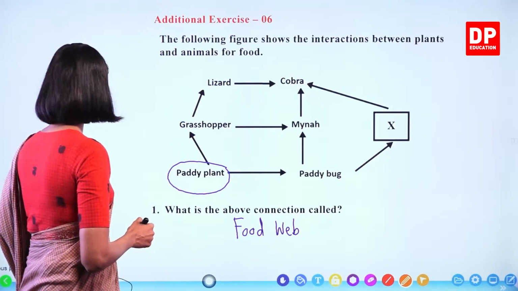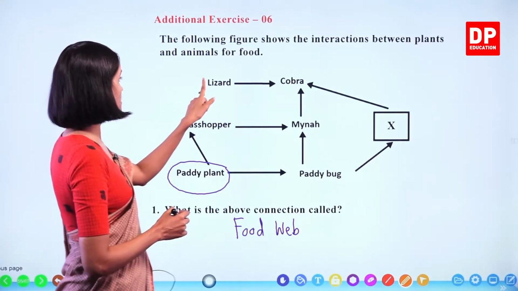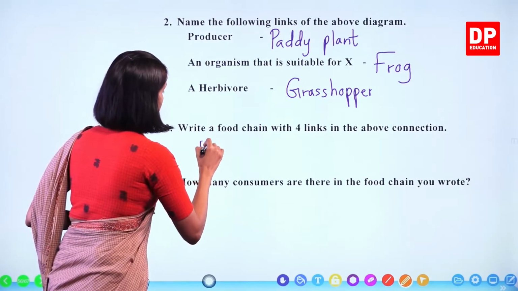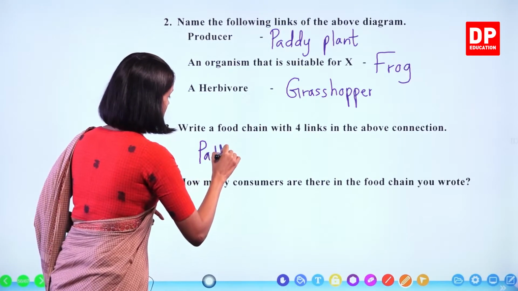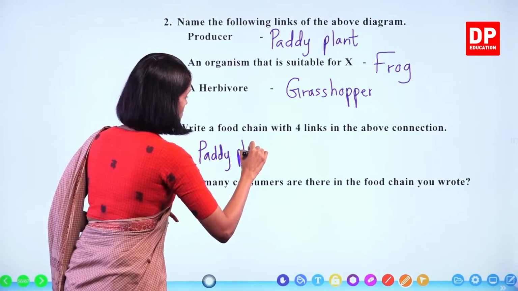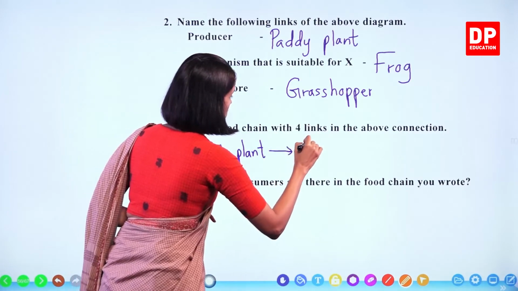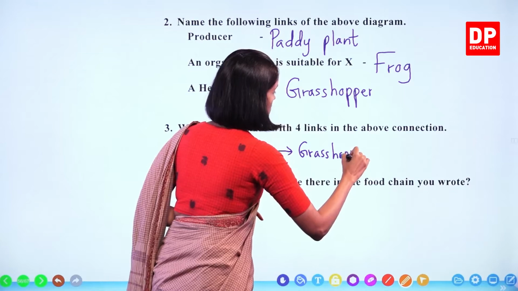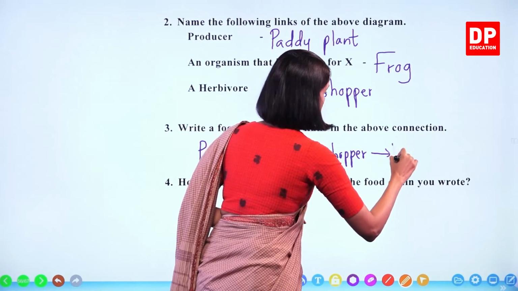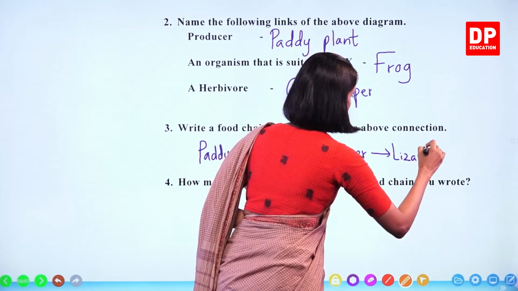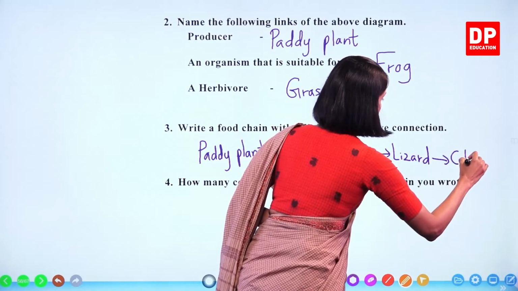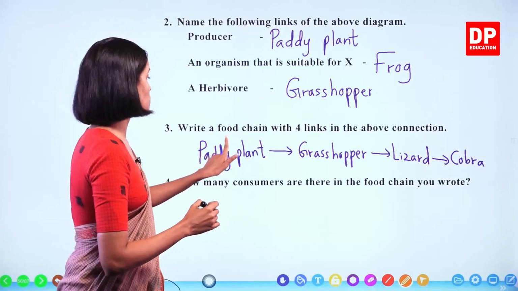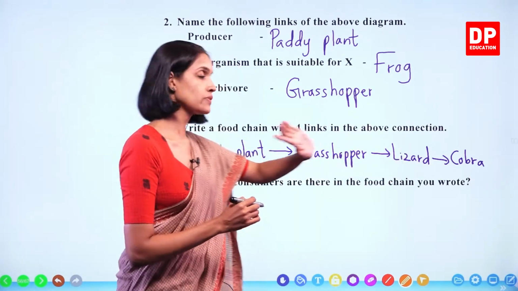We'll write paddy plant, grasshopper, lizard, cobra. So write a food chain with 4 links. 1, 2, 3, 4. Right?